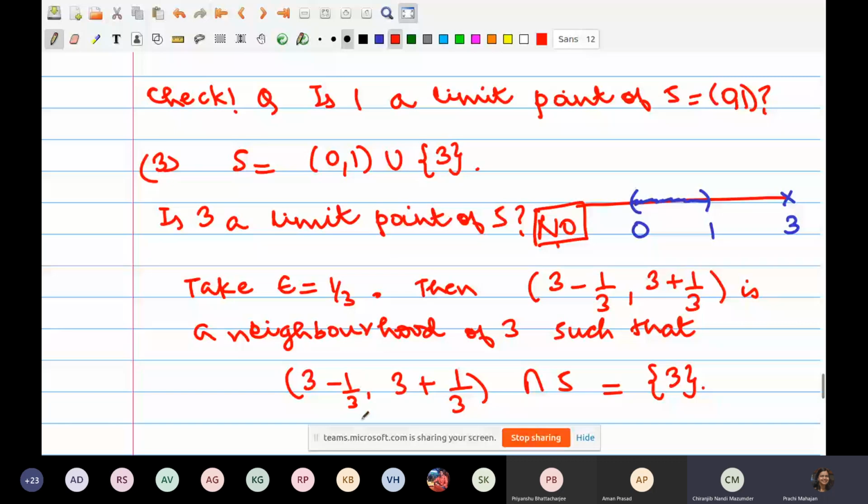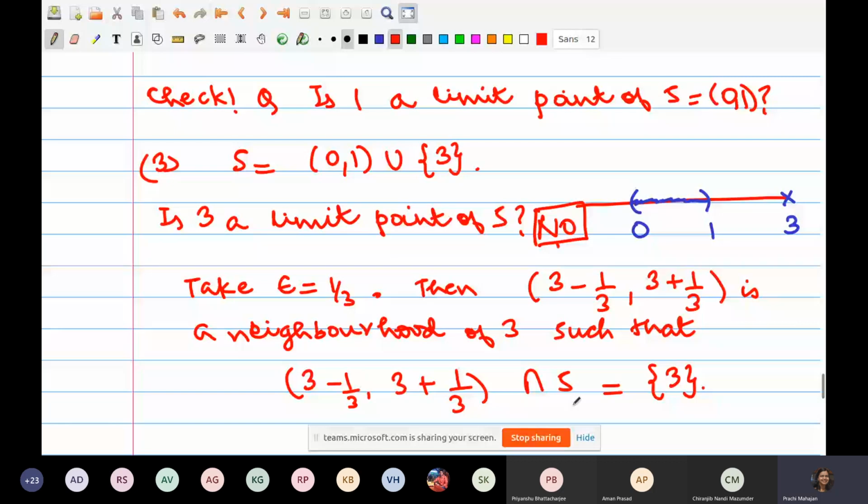So if you intersect it here, what else do you get? So here we have been able to demonstrate a neighborhood of 3 such that it intersects the set S only in the point 3 and nothing else.